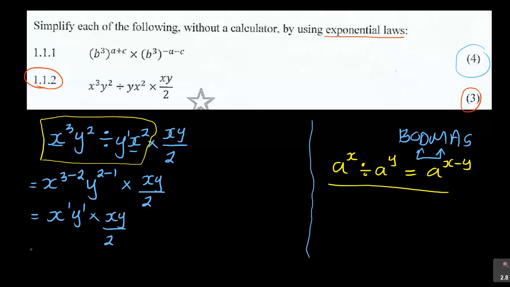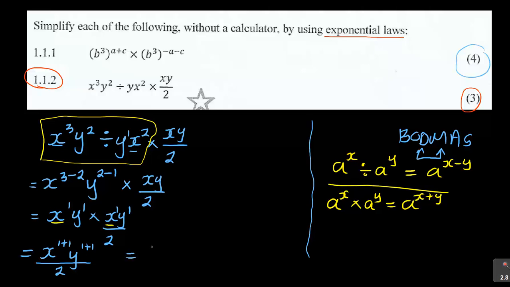And then if I continue doing that, now I have x times x, which is the first law. Remember the first law, a to the power of x times a to the power of y. Multiplication means it's a to the power of x plus y. So now I've got x to the power of 1 plus 1, because there is a 1 there, and then y to the power of 1 plus 1, because there is also a 1 there, all over 2.